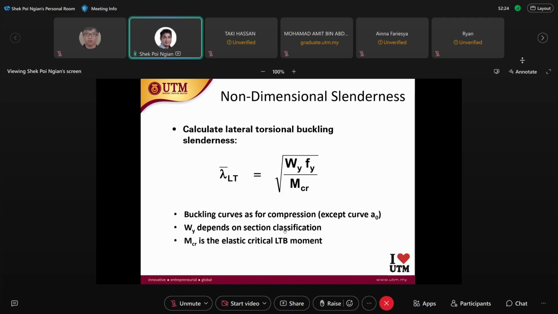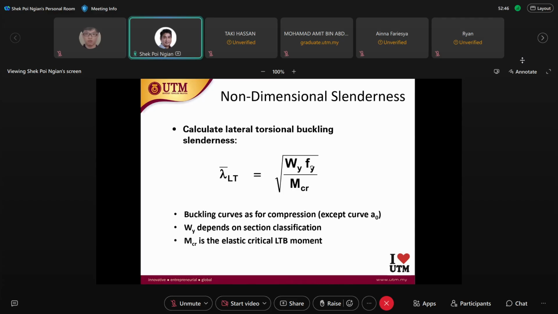It can be plastic modulus, it can be elastic modulus, depending on your section classification. Fy is the yield strength of the material, depending on the steel grade. Refer to table 3.1.